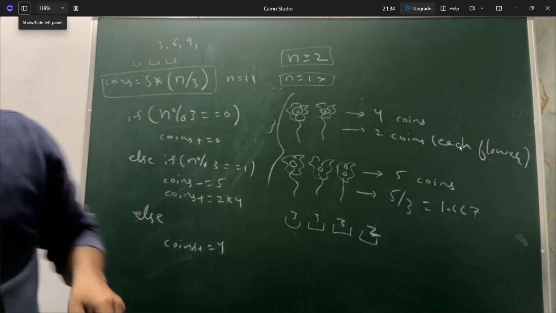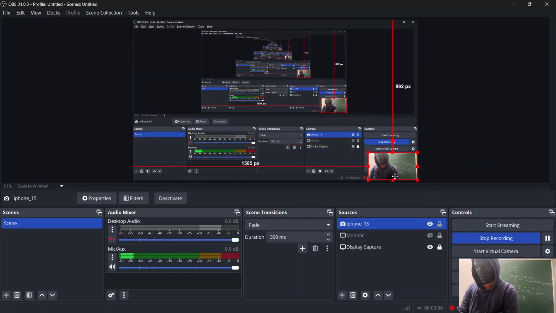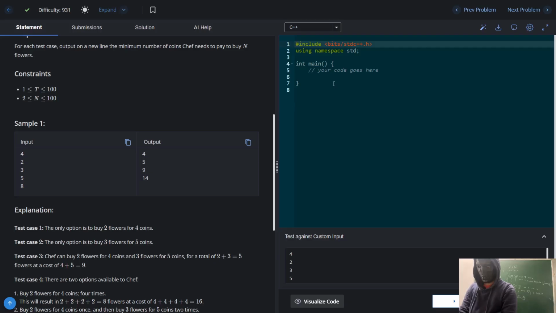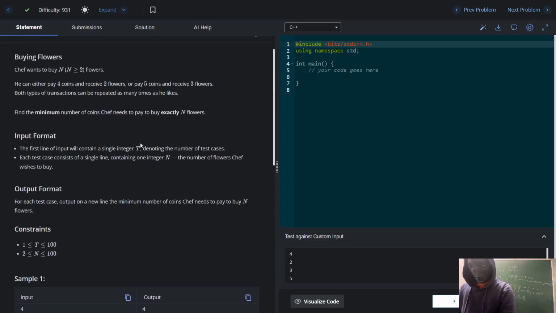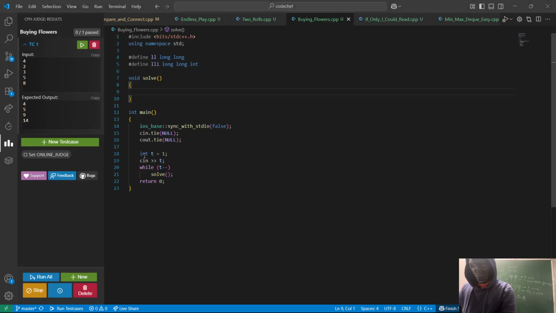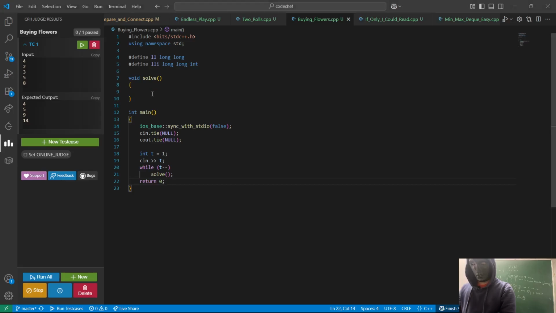So I think you guys got to know how to solve this. Let's try to take the input. We have test cases, and for every test case we have an integer n.